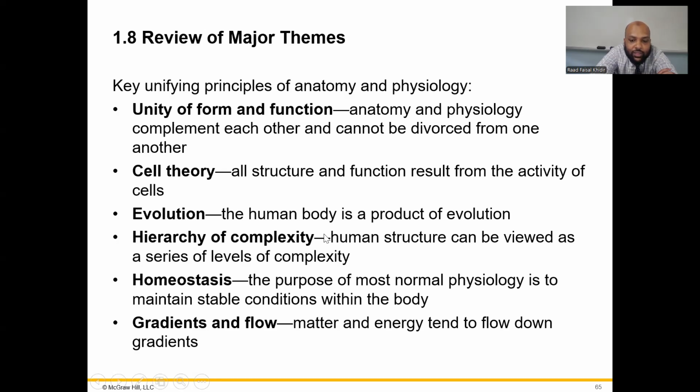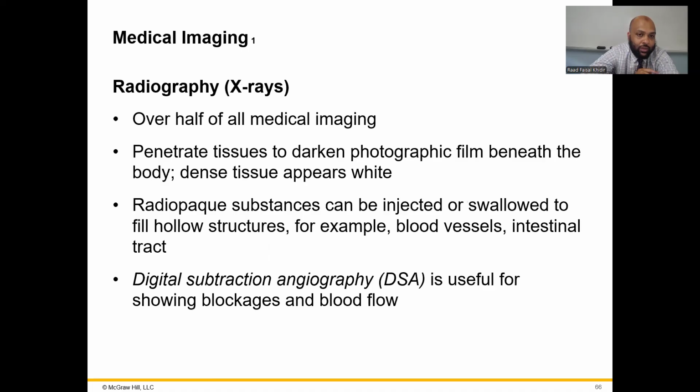Hierarchy of complexity: the human structure can be viewed as a series of levels of complexity. Homeostasis: the purpose of most normal physiology is to maintain stable conditions within the body. Gradients and flow: matter and energy tend to flow down gradients.